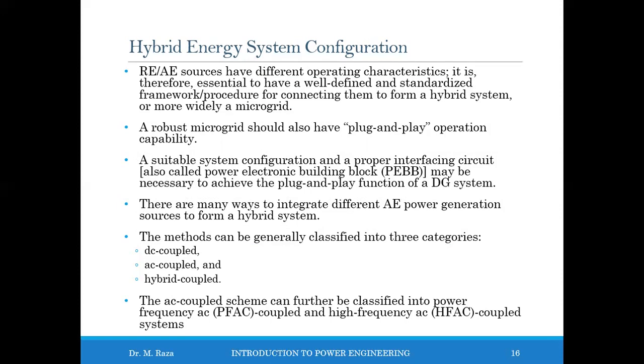A suitable system configuration and a proper interfacing circuit, also called a power electronics building block, may be necessary to achieve the plug and play function of a distributed generation system.